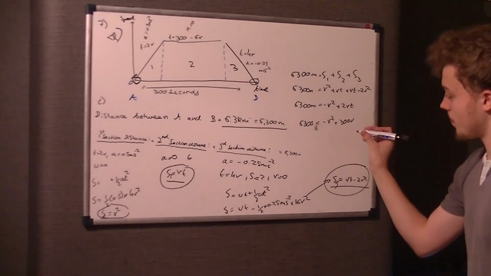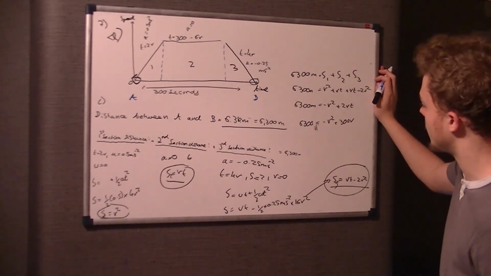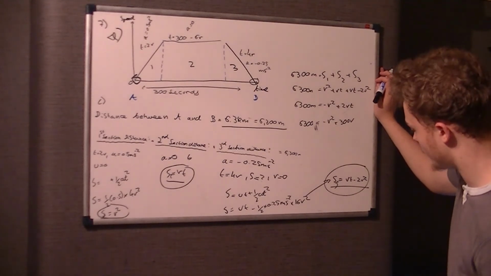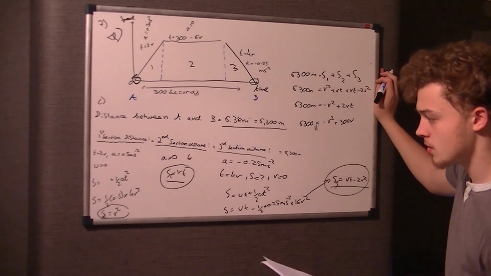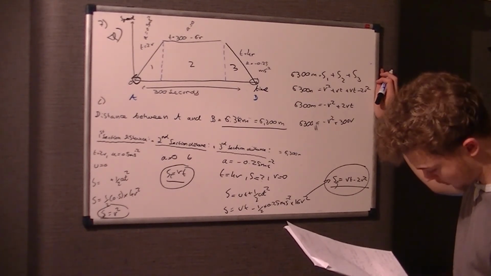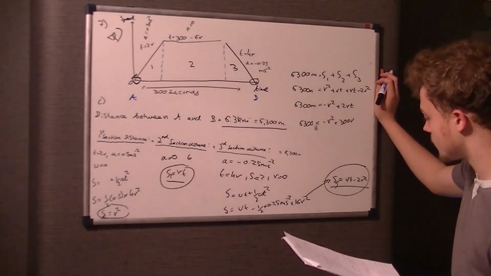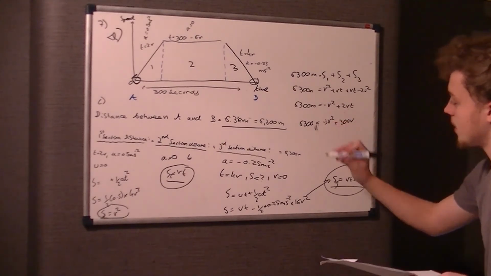Anyway, I think I've got it wrong. That's negative, sorry, v squared. That should be 3v squared.